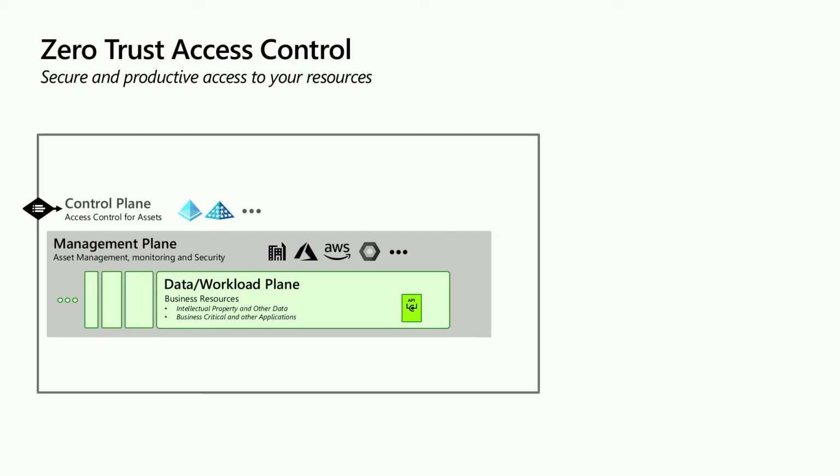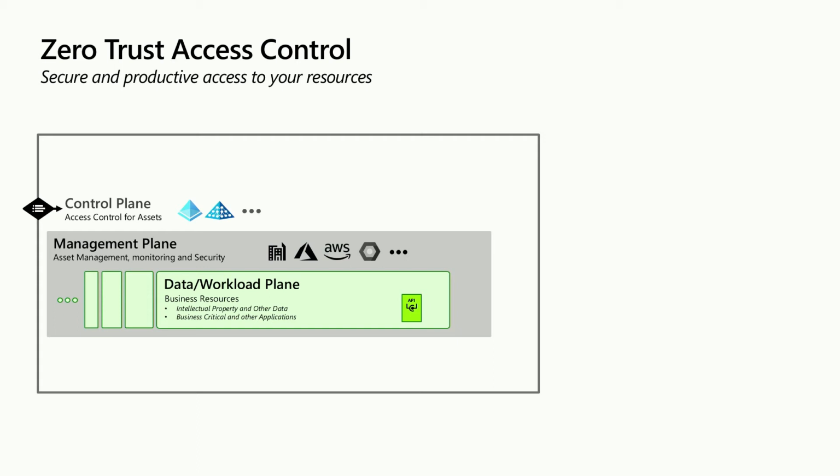The control plane is where you govern access control. And so the control plane is really about who can decide who can access what, right? And so this is the people that are in control of control, as it were, or the accounts and the systems that are.